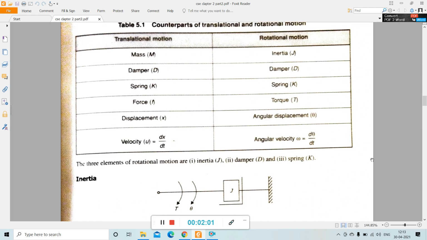In translational motion, we are using mass, damper, spring, force, displacement, velocity. Similarly in rotational motion, in place of mass we use inertia J, damper is the same, damper D, spring is the same, constant K. Then in place of force we are using torque.